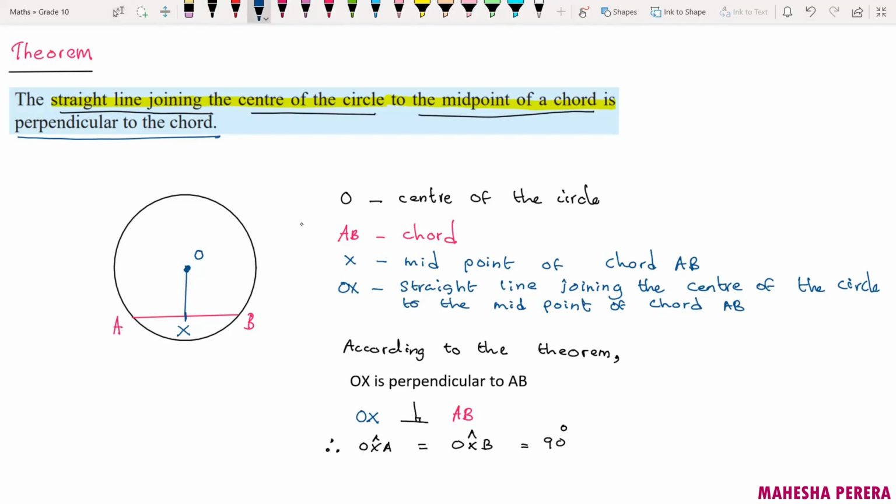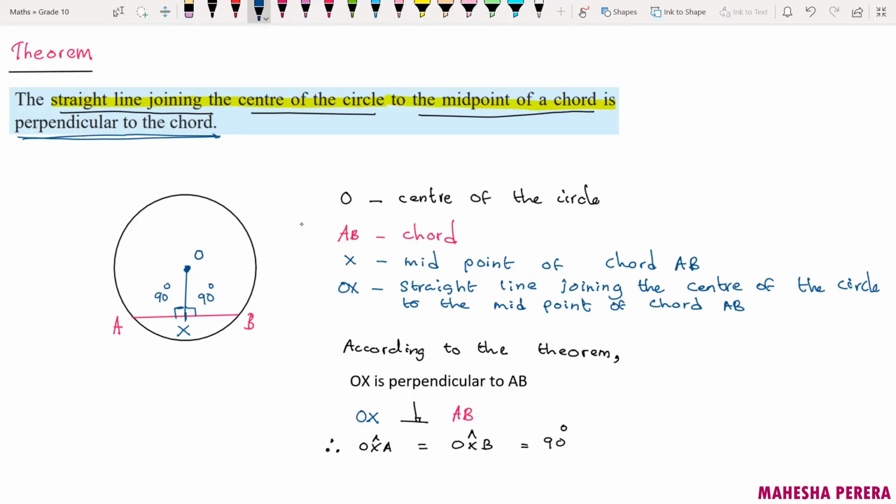This straight line is perpendicular to the chord. That means we have a 90-degree angle over here and also on the opposite side. So these two angles are 90 degrees. So that's our theorem: the straight line joining the center of a circle to the midpoint of a chord is perpendicular to the chord.